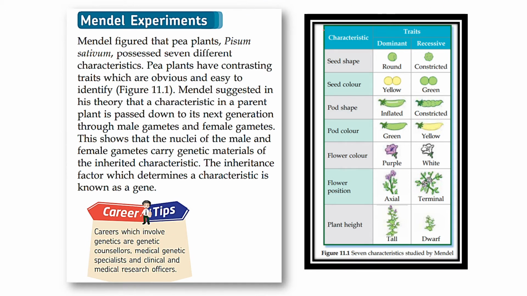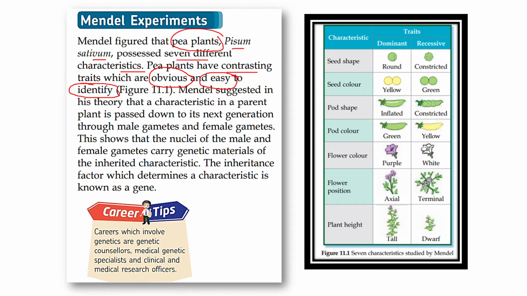So, Mendel experiments. Okay, apa yang dia buat is that he's using these pea plants, Pisum sativum ini, untuk membuat kajian beliau. Because this plant has got 7 different characteristics yang ada contrasting traits that are very obvious, that are easy to identify. Okay, sebab itu dia pilih pokok kacang peas ini.